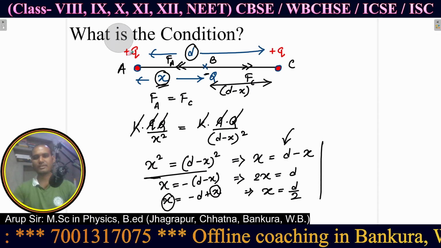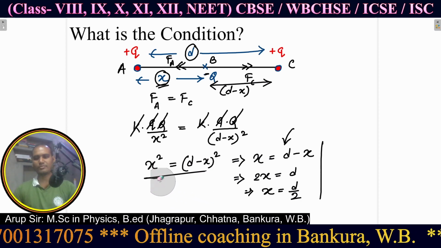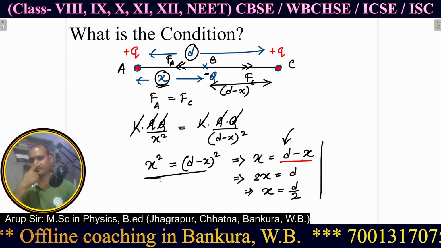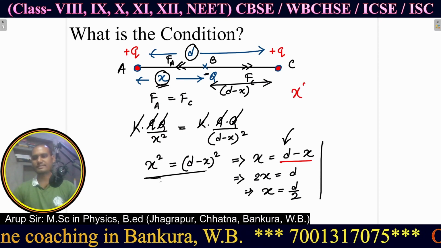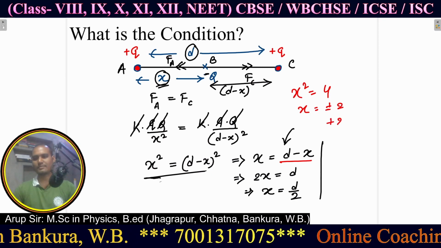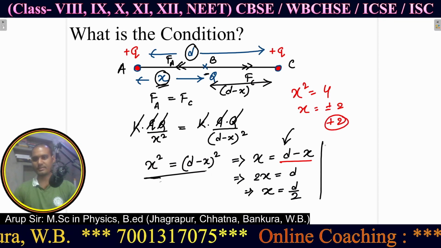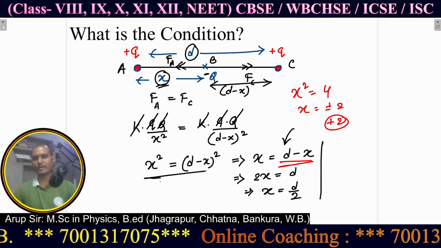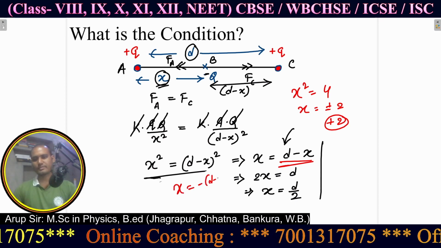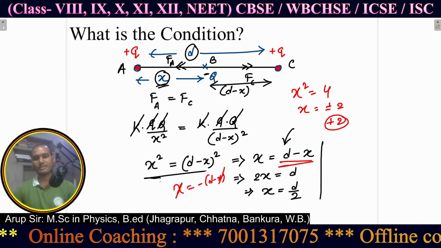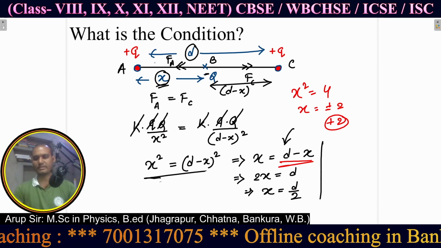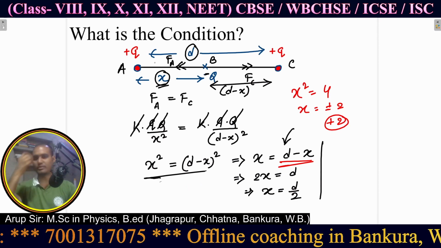This is why I am not writing like this. I am only writing x equals plus of d minus x. Means if x square is equal to 4, you know that x is equal to plus or minus 2, but I am taking plus 2 only here. Means plus of d minus x. Why? Because if I take x equals minus of d minus x, then x will cancel after simplification, so this will not give you any value of x.